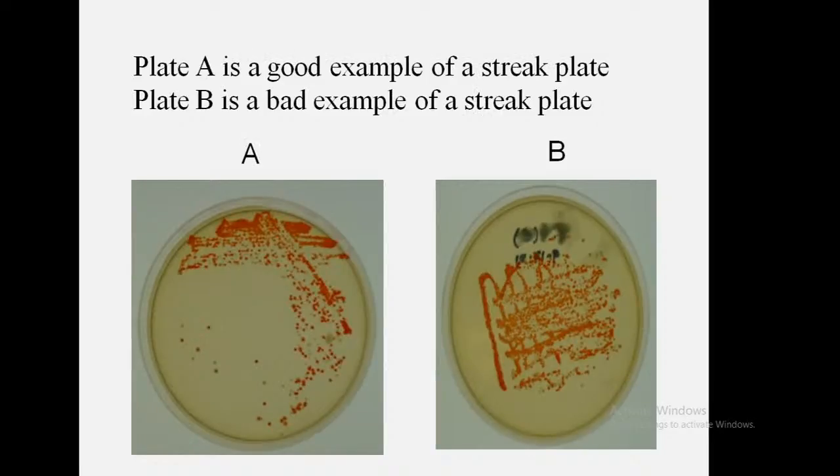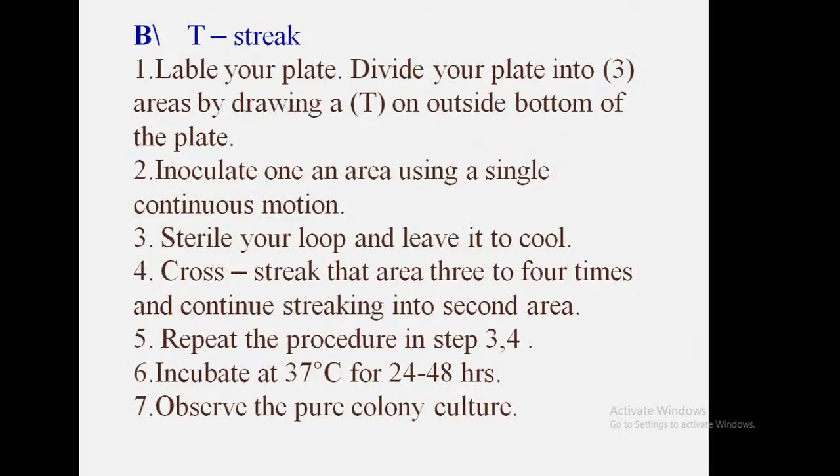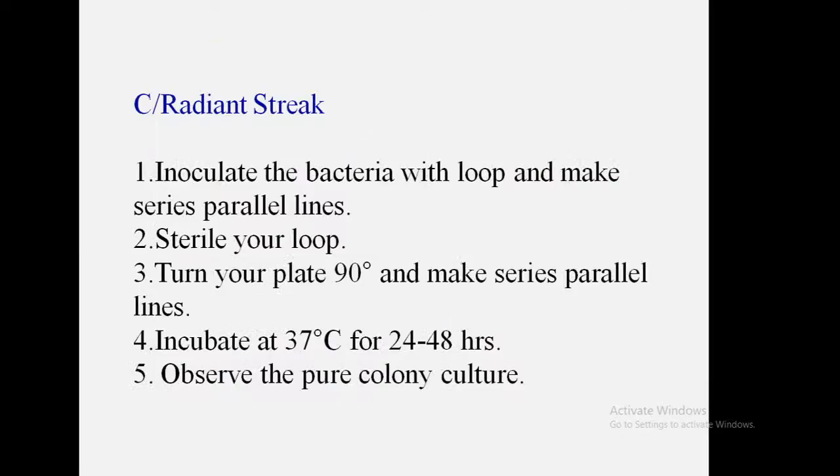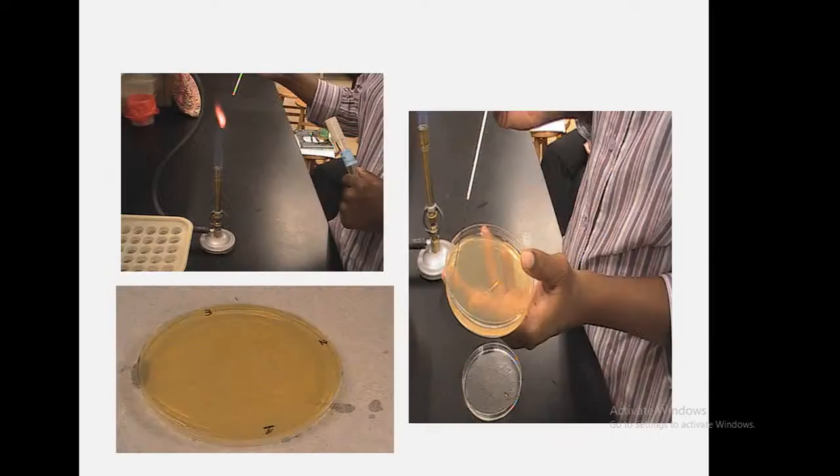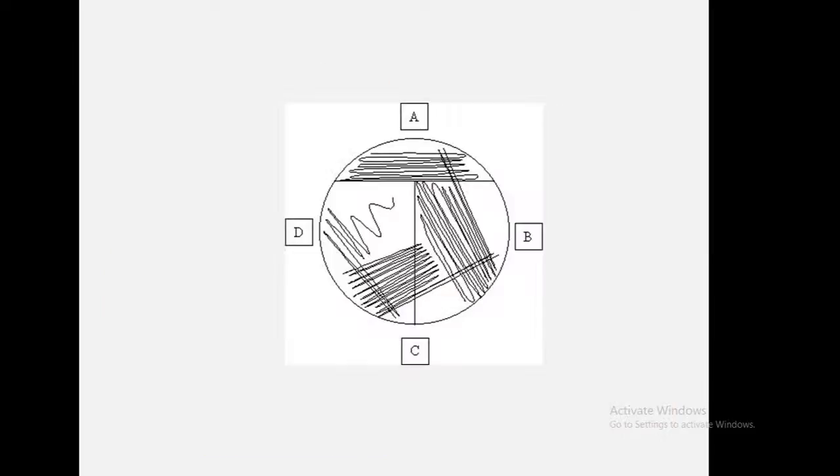Plate A is a good example of a streak plate and plate B is a bad example of a streak plate.